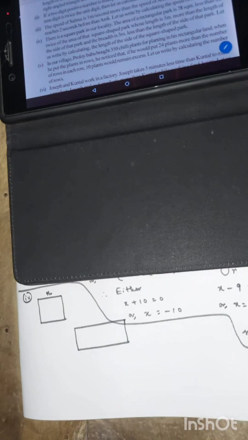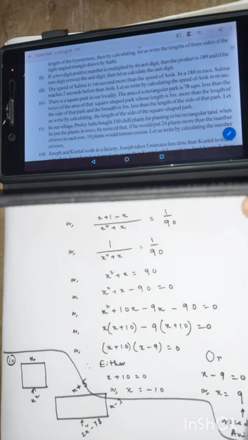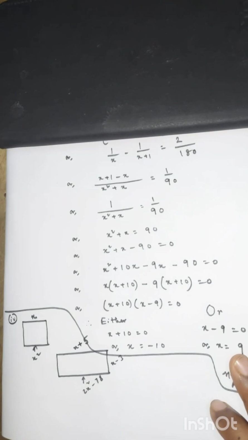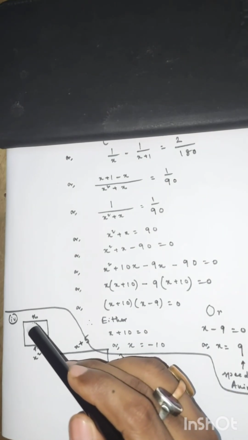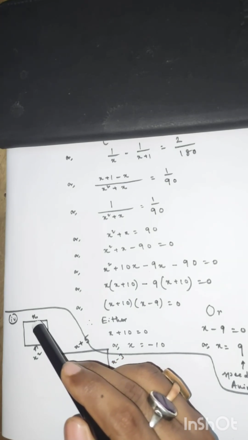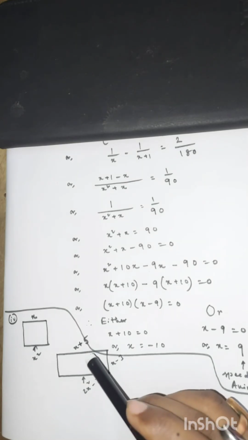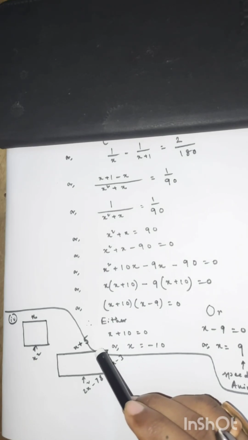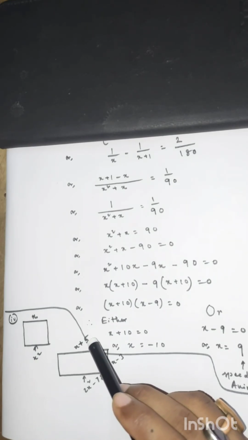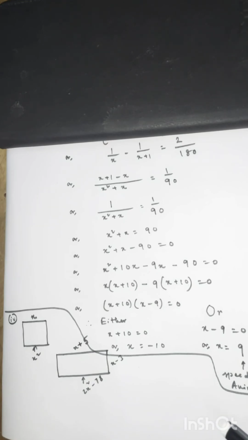The question also says, according to our question, if we assume the length of the side of the square park is x, then its area is x square, and the question says the length of the rectangular park is 5 meter more than the length of the side of the square park.